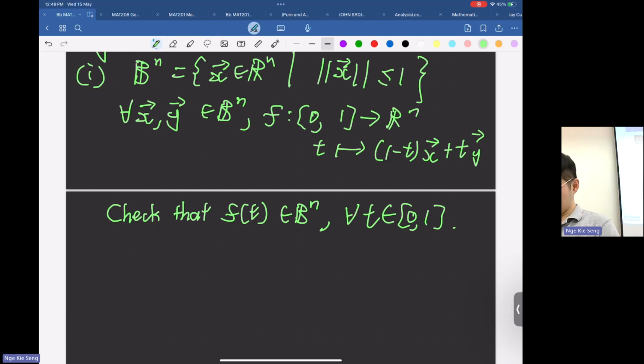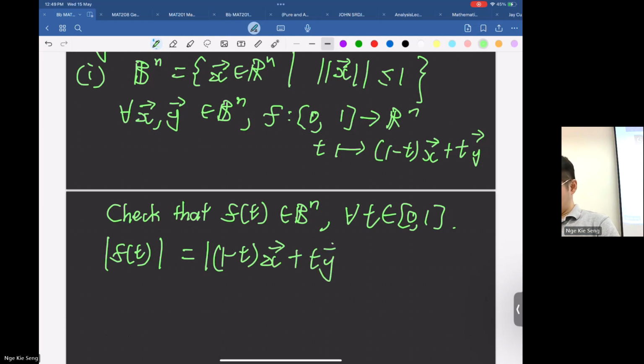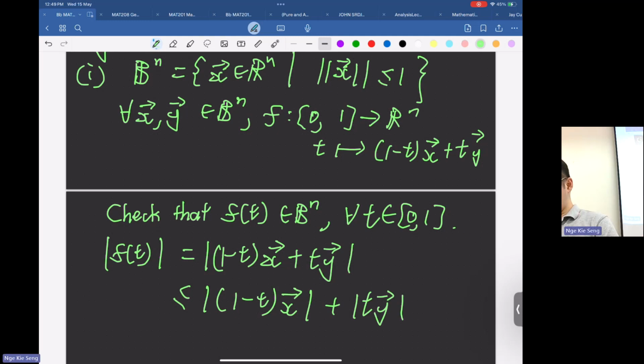So how to check this? Let's see. What is the modulus of this whole thing here? Modulus of this, you can use the triangle inequality to split it. So once you're using the triangle inequality, what do you get? So you get this.